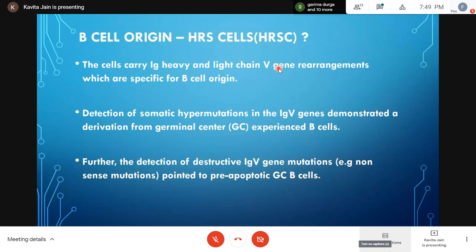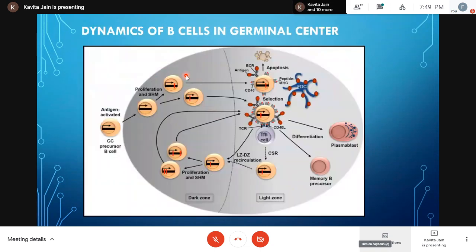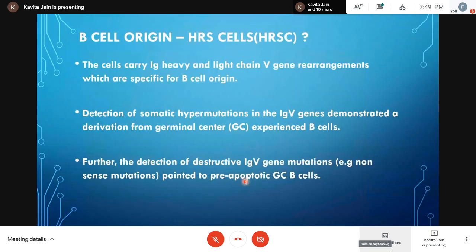When they studied the molecular genetics, they found that these cells carry immunoglobulin heavy and light chain gene rearrangements, both of which occur in the germinal center. So they are germinal center B cells, and detection of somatic hypermutations in the immunoglobulin genes demonstrated the same derivation. Finally, the crippling or nonsense mutations seen in pre-apoptotic germinal center B cells were also found in these cells.